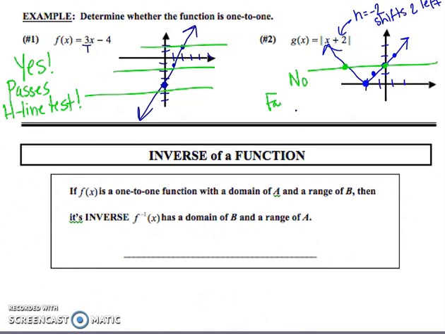When we talk about inverses of a function and we want to know if a function is one-to-one, what about the inverse of its function?